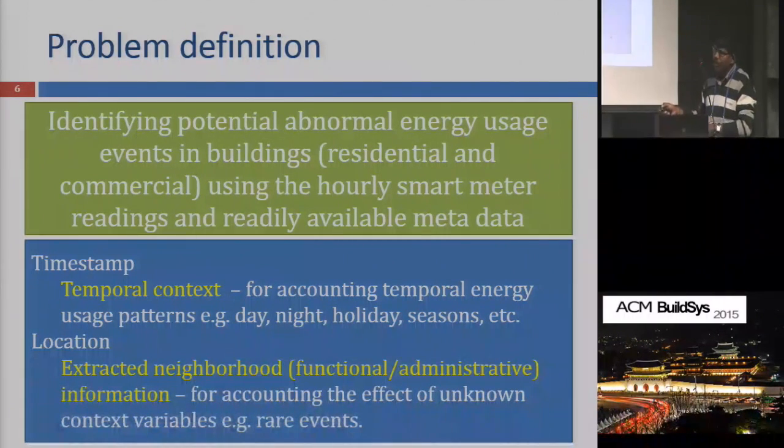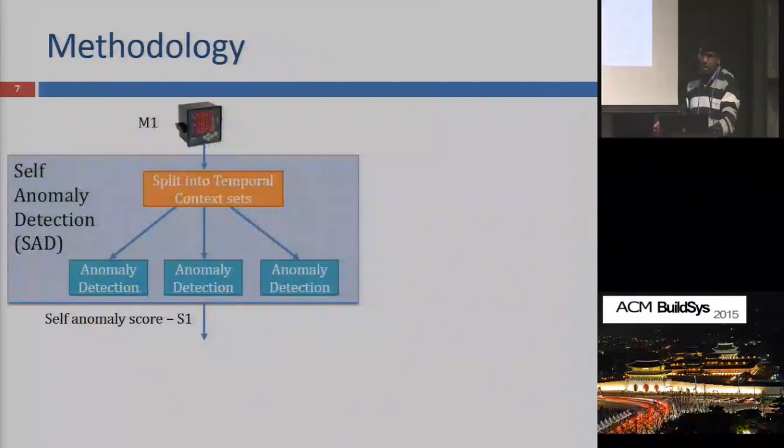Then probably you can use that neighborhood information as a context variable to assign different anomaly scores for those events. So in this work, we are assuming that this location information is there, and this neighborhood information is also provided by some domain expert, or there are some existing methods that we can use to extract neighborhood information. So let's look at how this system looks.